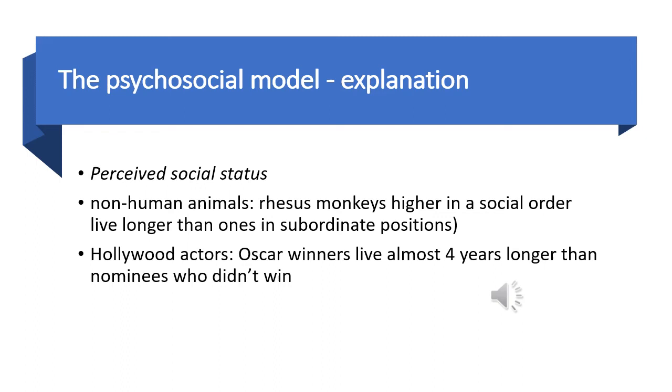Another example: Hollywood actors, Oscar winners, live almost 4 years longer than nominees who didn't win. These are all different examples of psychological explanation of the social gradient in health, and most of them are based on observational studies.